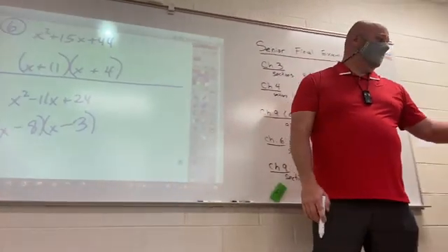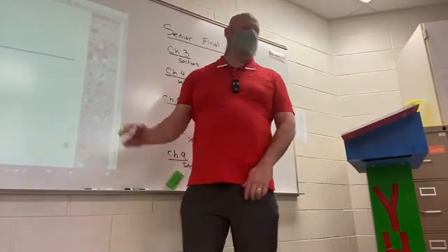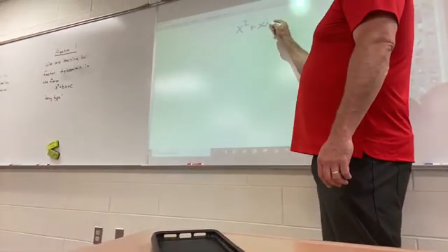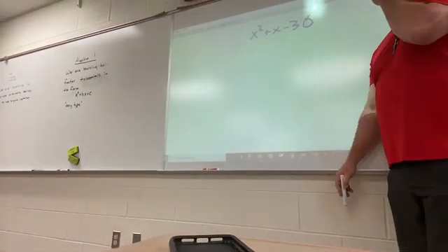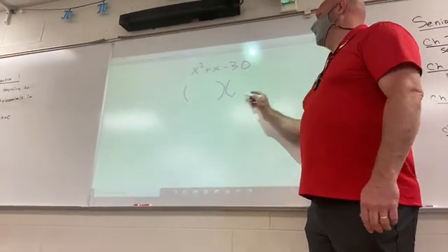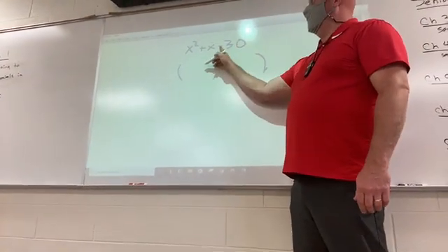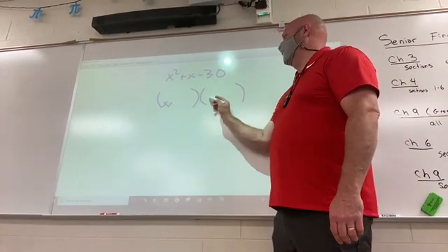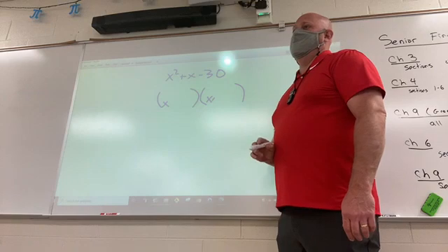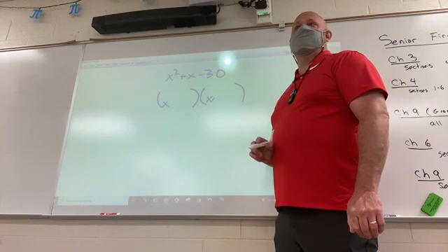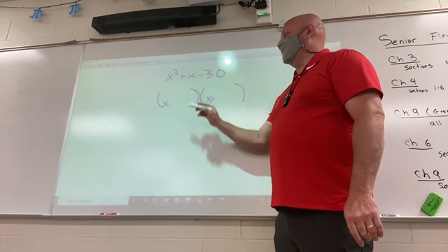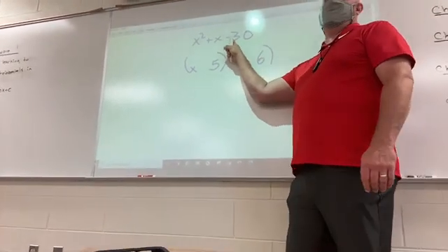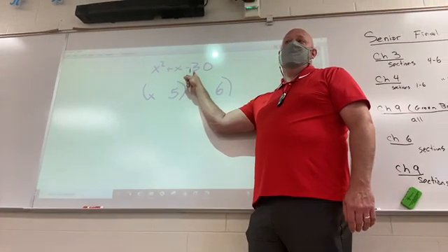All right, keep going. How about number 12? X squared plus x minus 30. What am I looking for? Two numbers that multiply to 30 and subtract to 1. What are two numbers that multiply to 30 and subtract to 1? 5 and 6. This sign tells me my signs have to be different.